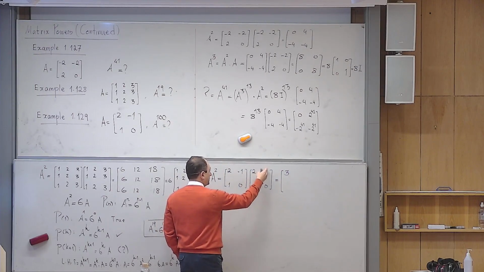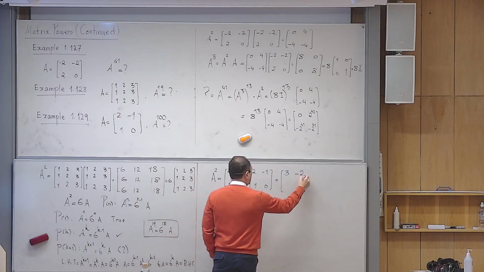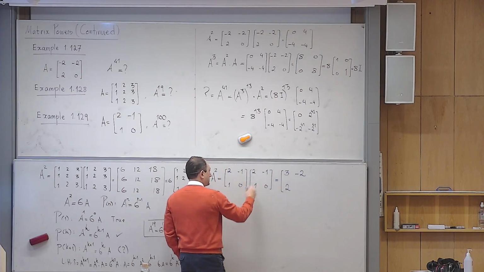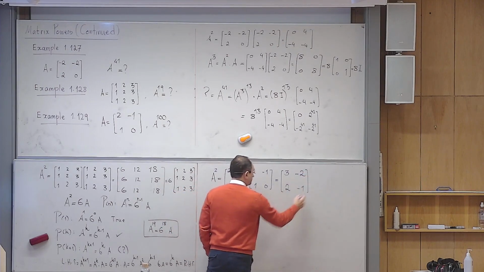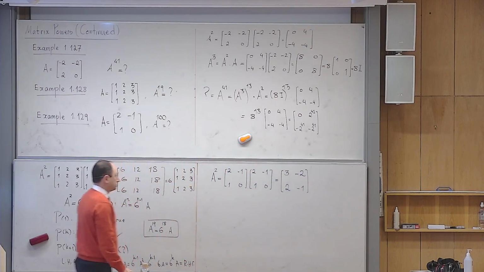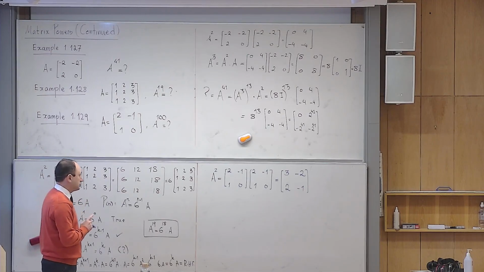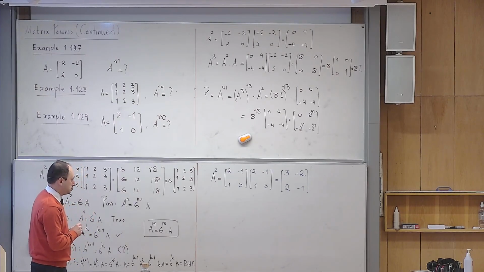Then you do the same thing here, it's minus 2. And here, it is 2. And here, it's minus 1. Did I do it correctly? 4 minus 1, 3, minus 2, 0, that's correct. 2 plus 0 is 2, and then minus 1, that is correct.